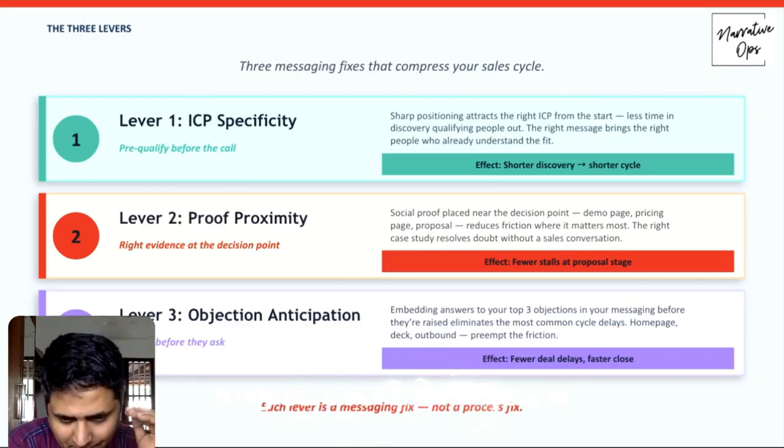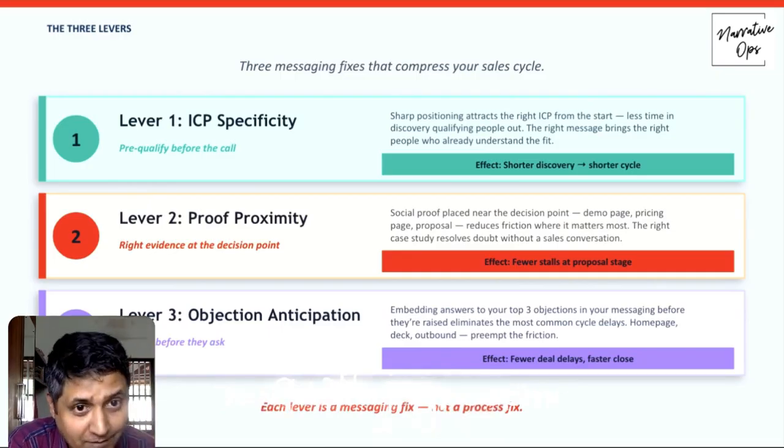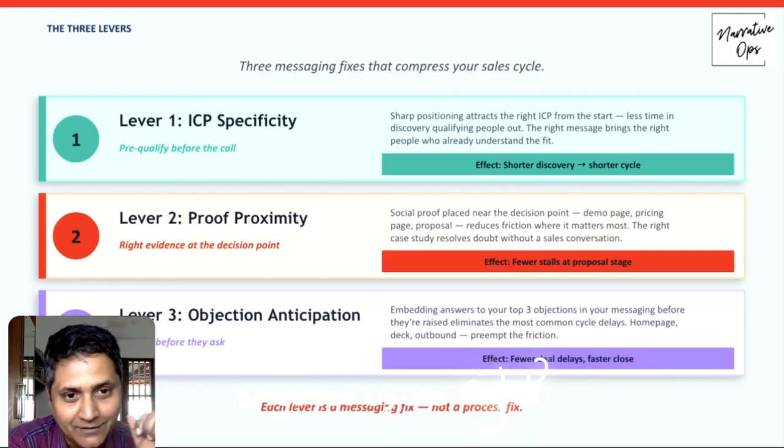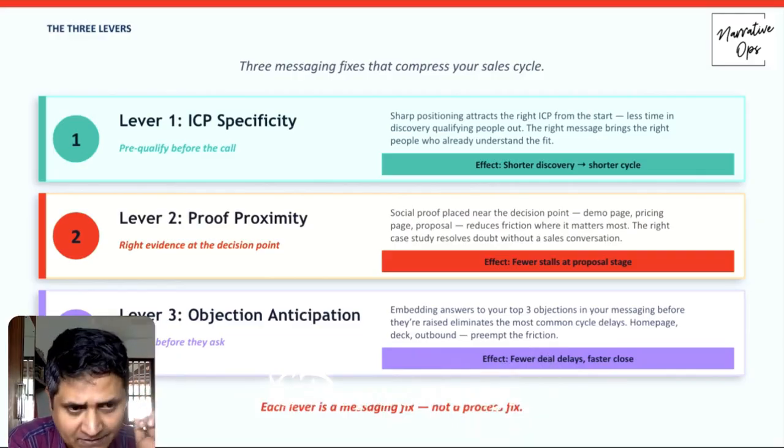You're saving time on qualifying people. The right message brings the right people to your door. They know they have a problem and they know the solution might help with that. So the effect is shorter discovery. That means a shorter cycle. So level 1 is ICP specificity.